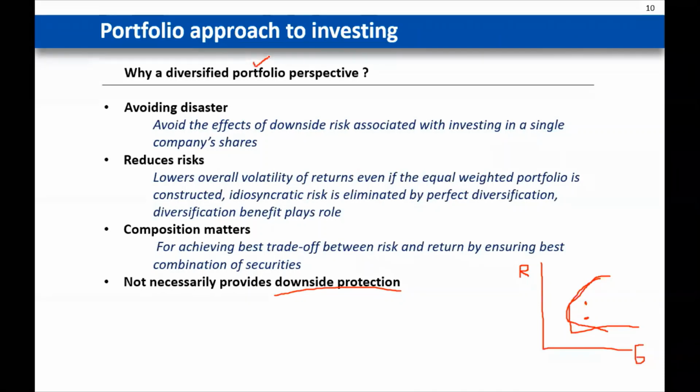Yes, it gives you opportunities for the future, but what you have already made is not necessarily protected. When the market as a whole goes down, you can construct a new portfolio by investing in the underpriced securities after the market fall.